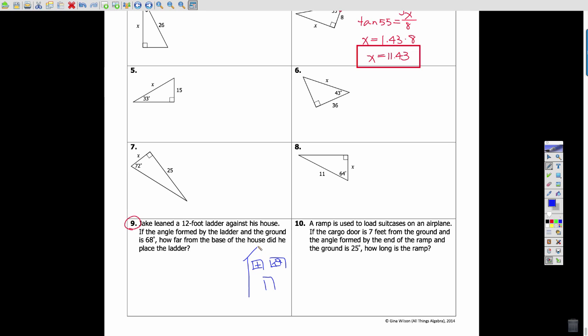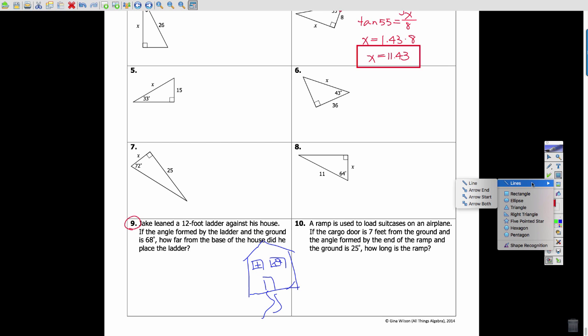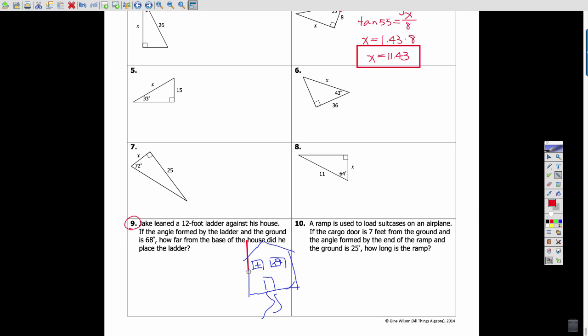This is your beautiful house, maybe with a nice patch of grass on the outside. I did not do a great job because apparently your house is not straight in this case. But now I'm going to lean my ladder here.